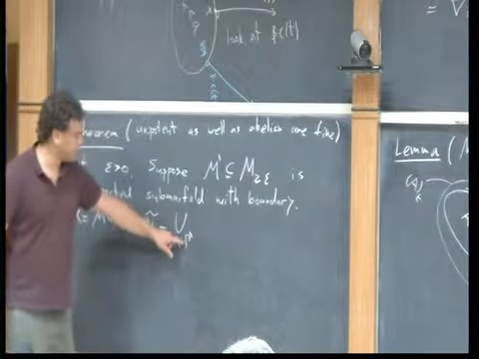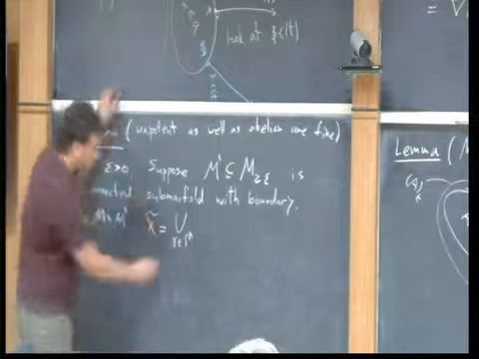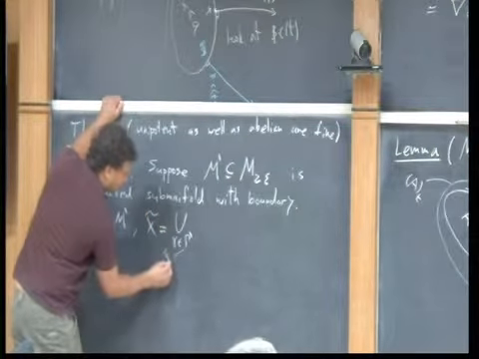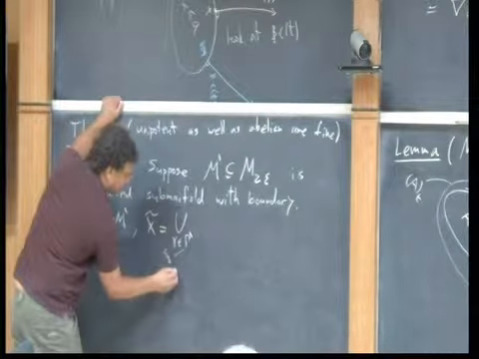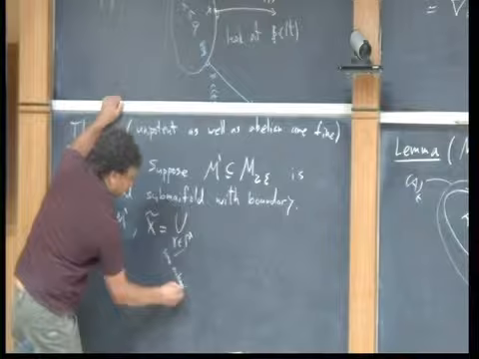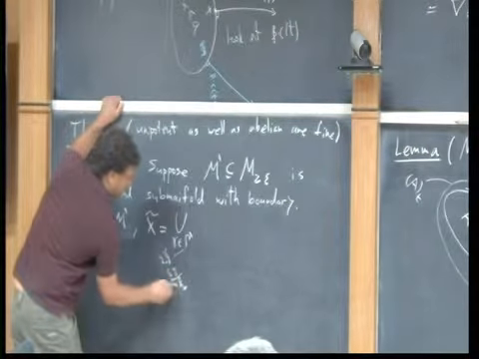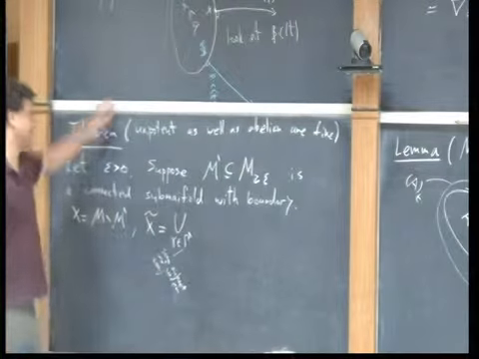Gamma prime is not a group, it's a subset, which is invariant under conjugation, some subset of gamma.